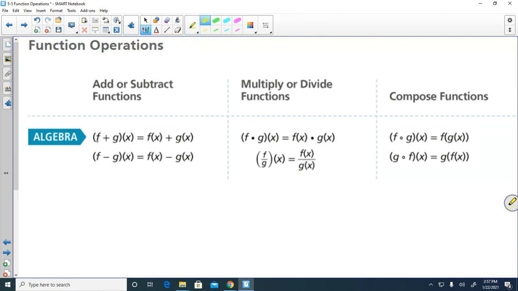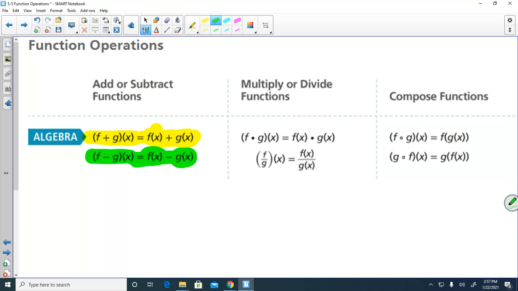Okay, so this first notation, f plus g of x, means the exact same thing as f of x plus g of x. It's just another way to write it. That means take the function f and combine it with the function g. It works the same if you're talking about subtracting. f minus g of x means the same thing as taking the f function and subtracting the g function. They're just different ways of writing it.